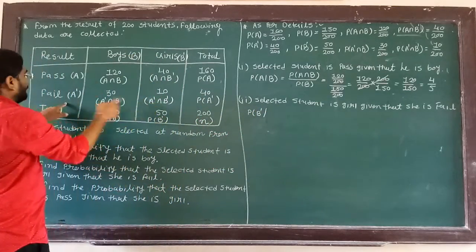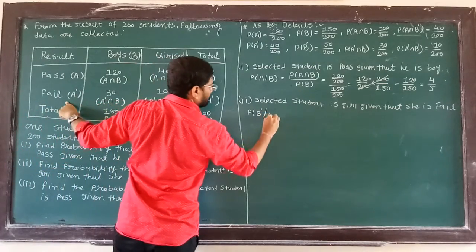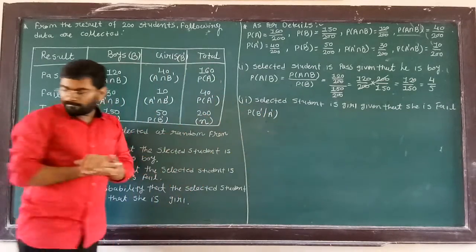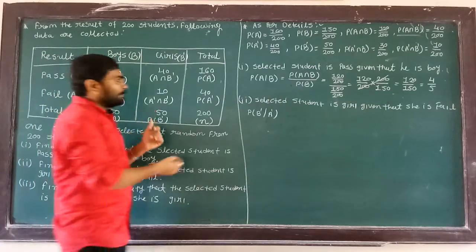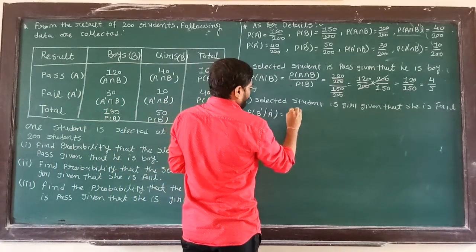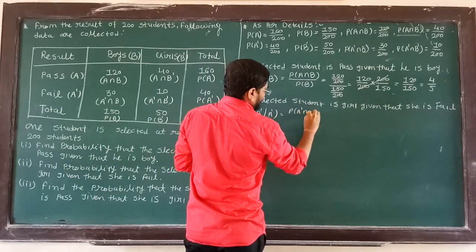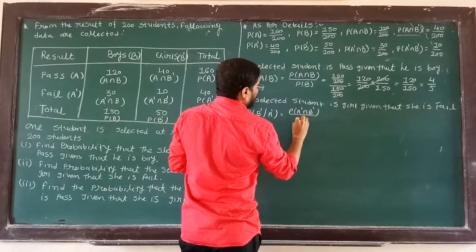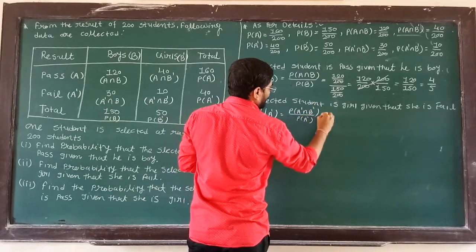She has failed, failed means A dash. See the students, P of A dash intersection B dash upon P of A dash.